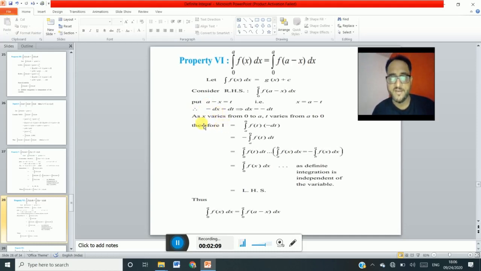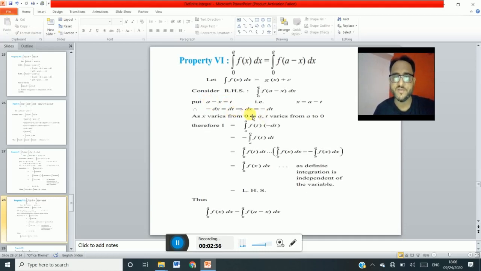Okay, and if we substitute, then the limits also change. As x goes from 0 to a, then t varies from a to 0. How do we find this? See, if we put x equals 0 in the substitution, then we get t equals a.